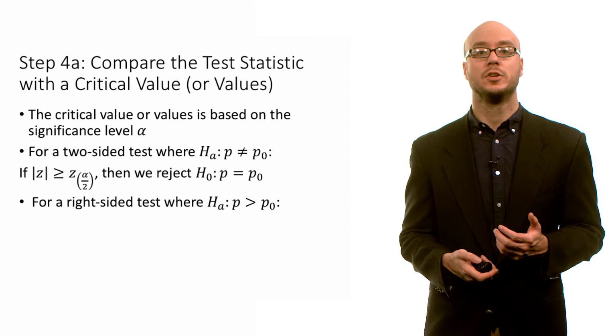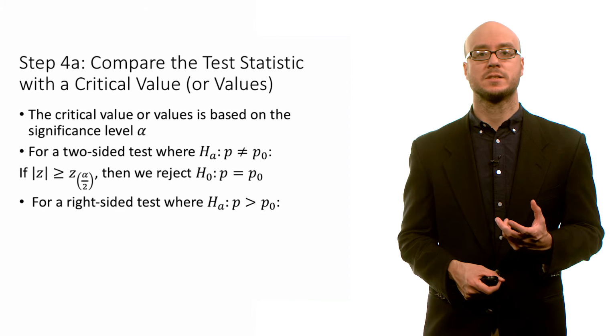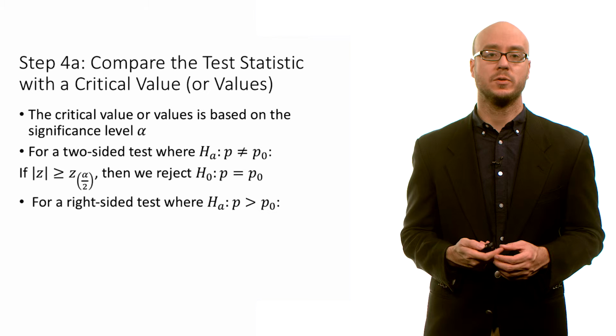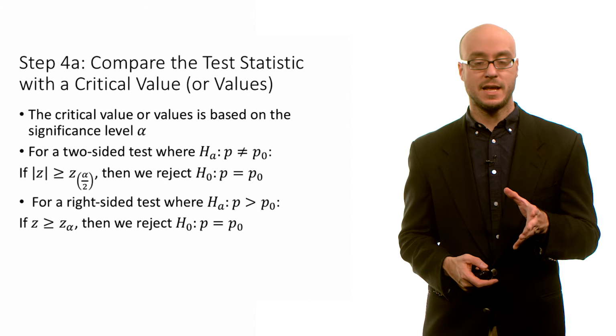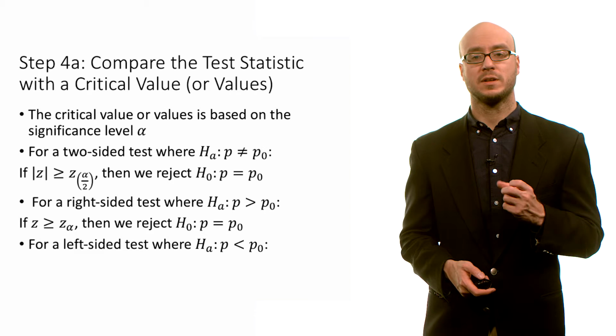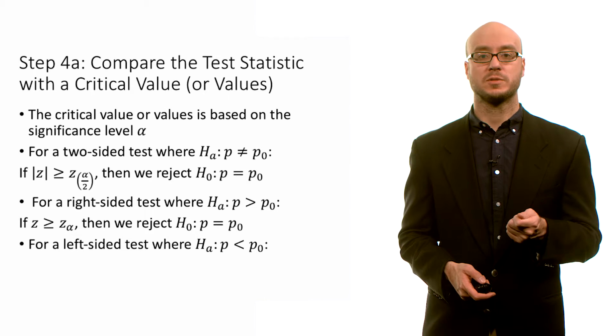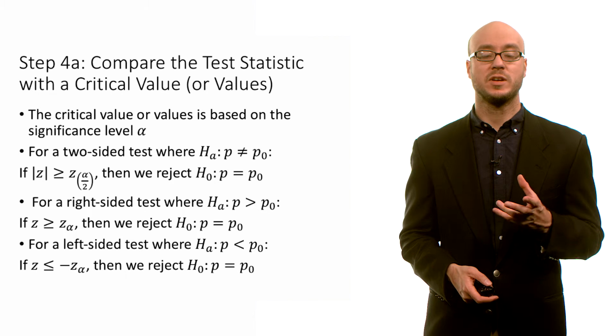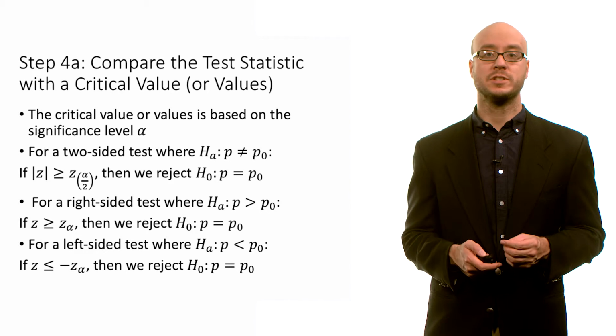reject that null. For a right-sided test, where the alternative is that the population proportion is greater than the claimed value of the null hypothesis, then if our test statistic is greater than or equal to z alpha, we reject the null. For a left-sided test, where the alternative is the population proportion is less than the claimed value, if our test statistic is less than or equal to negative z alpha, then we reject the null.